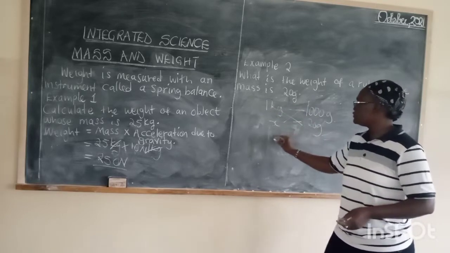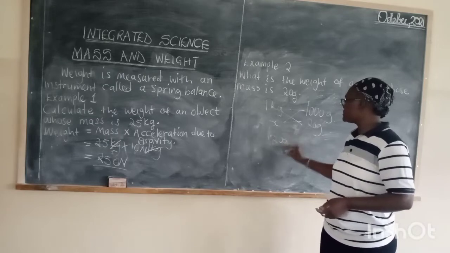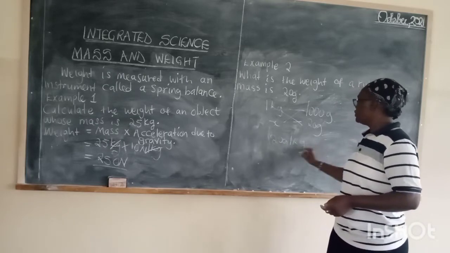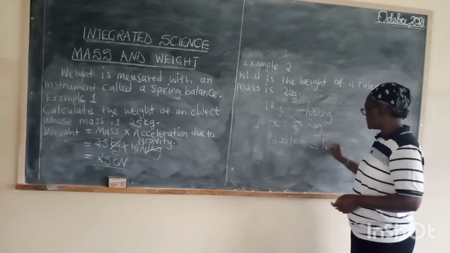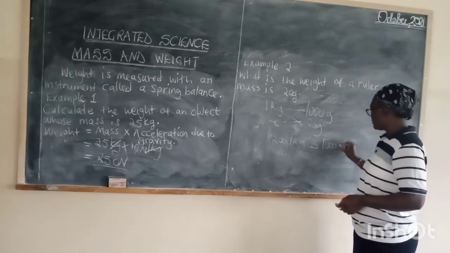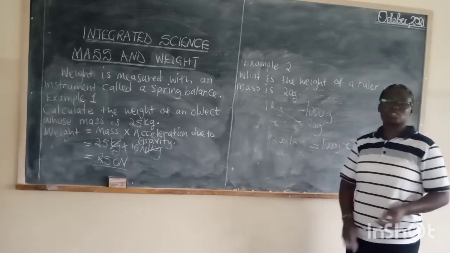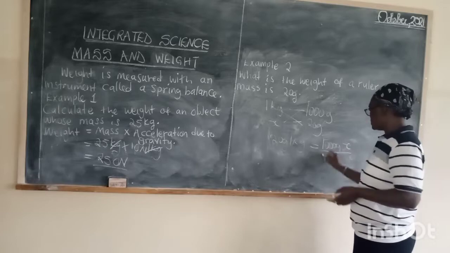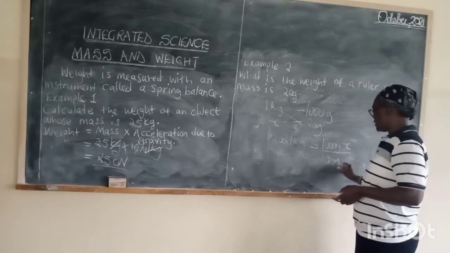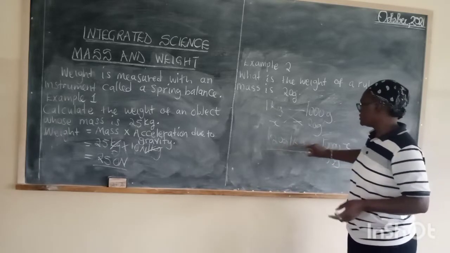So we are going to have 20 grams per kg is equals to 1000 grams x. So since we are finding x, we have to divide by 1000 grams on both sides.